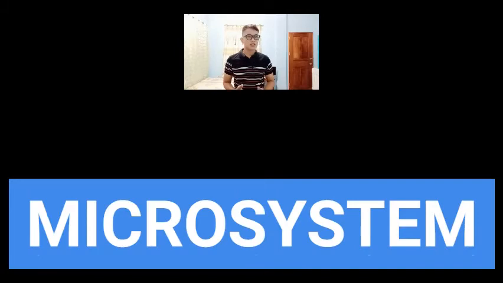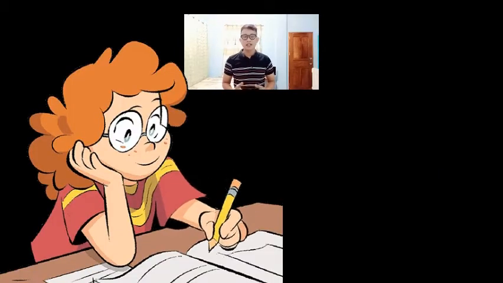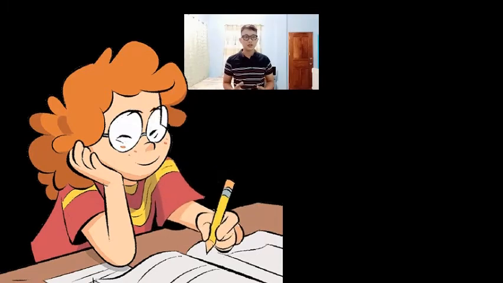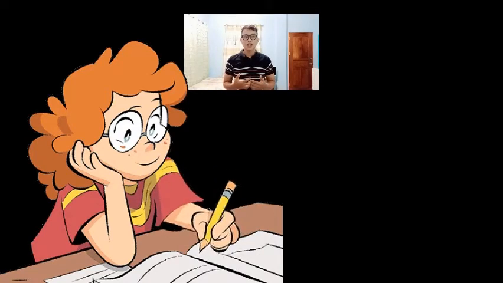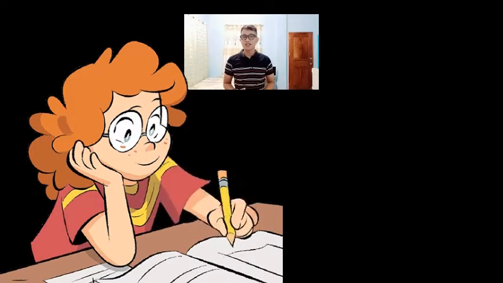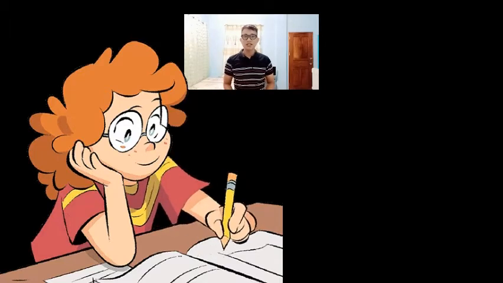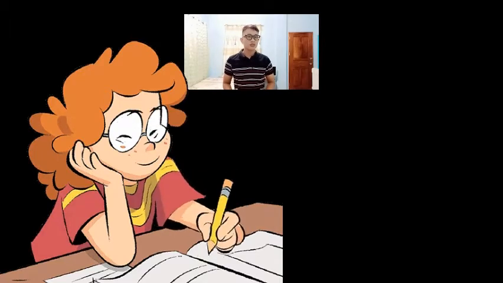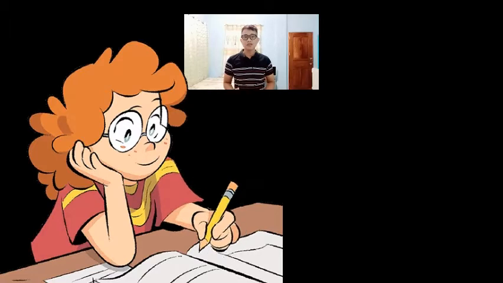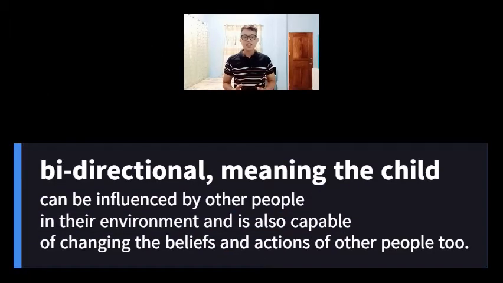The microsystem is the first level of Bronfenbrenner's theory and consists of the things that have direct contact with a child's immediate environment, such as parents, siblings, teachers, and school peers. Relationships in the microsystem are bidirectional, meaning the child can be influenced by other people in their environment and is also capable of changing the beliefs and actions of other people too.